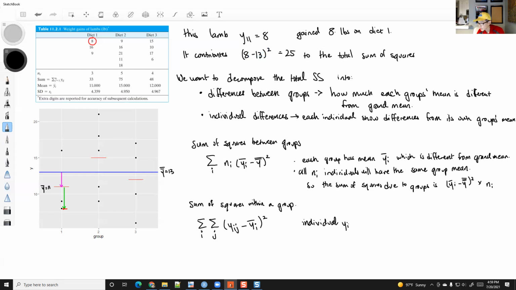Individual Yij has a value different from its own group mean, which is y bar i. So we square that, square those differences, and add them for all individuals in the group.